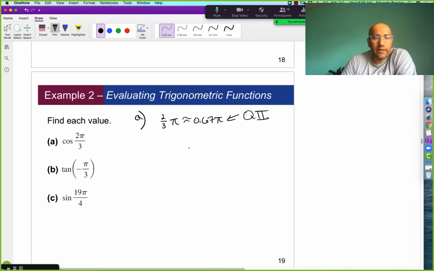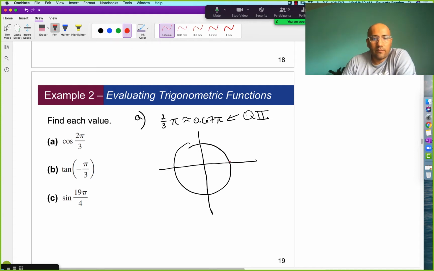Good. I can do a little drawing to approximate it. That's really ugly, but whatever. It'll get the job done. And then, so we're talking about some t value like this, that's equal to 2 pi over 3. So then the reference value is going to be this one, the rest of the distance along the unit circle until you get to the x-axis. This is y, this is x, and this is t bar.